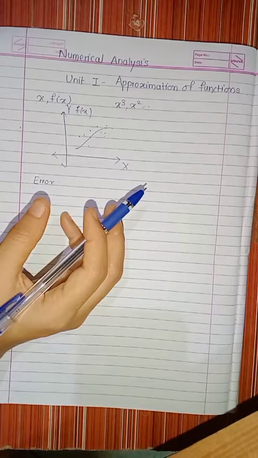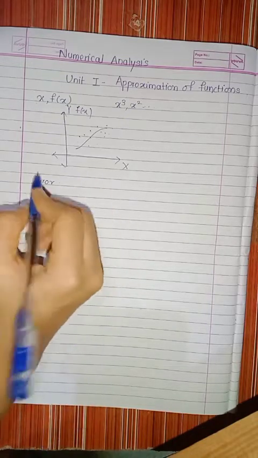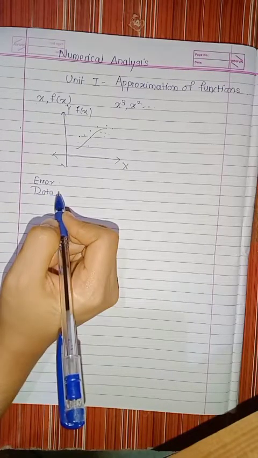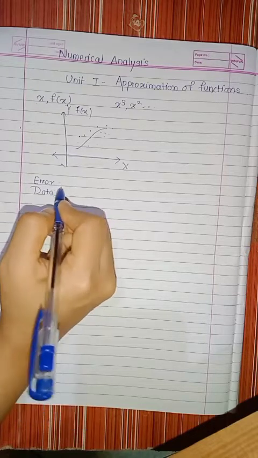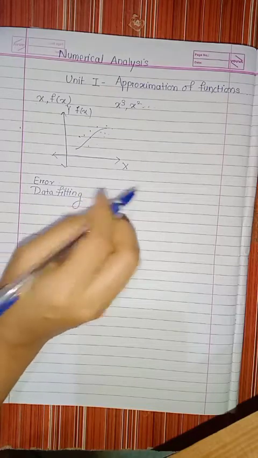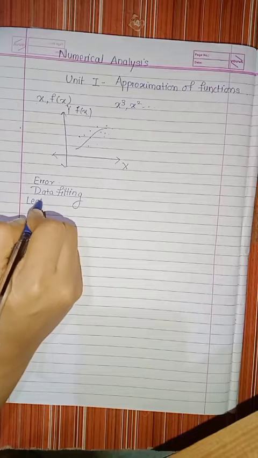as possible. Okay, so in this unit, we are going to use the best process of data fitting. So data fitting is just that data is given and you have to fit one function, that is a curve or a line. So the best process for data fitting is nothing but the least square approximation method.